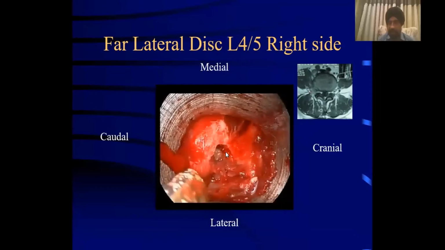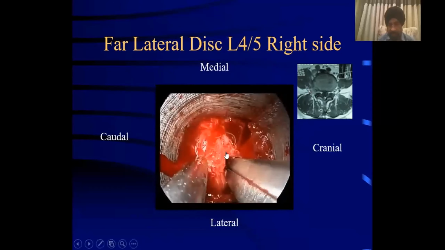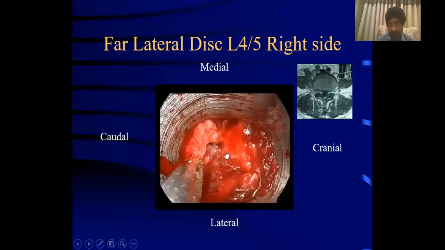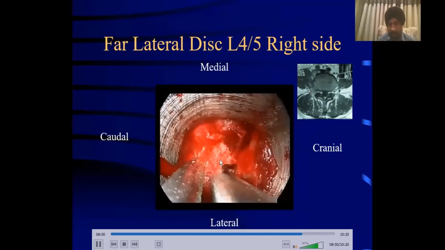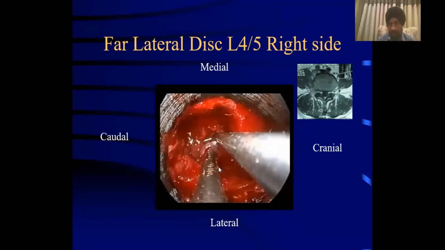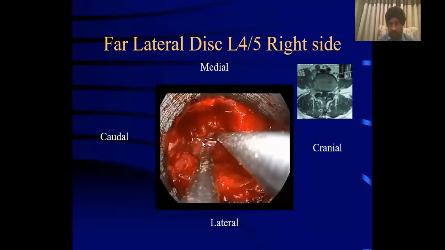These far lateral discs are generally sequestrated discs, and they press on the ganglion of the exiting nerve root. So we aim to identify the exiting nerve root here. And this is the exiting nerve root that has been exposed.